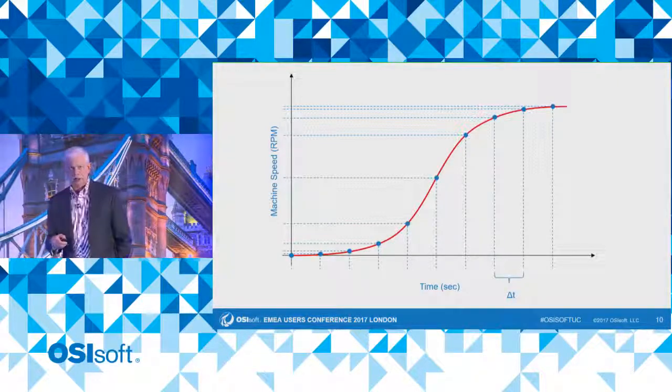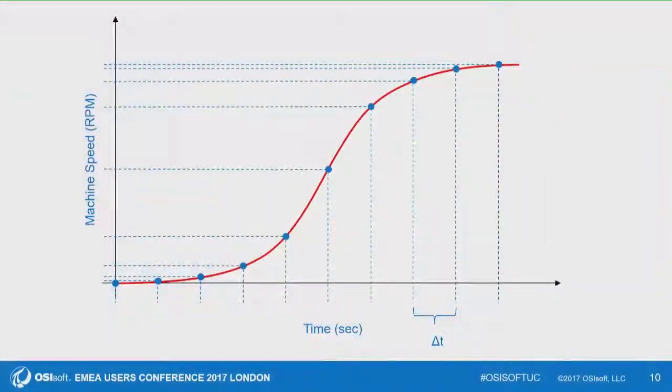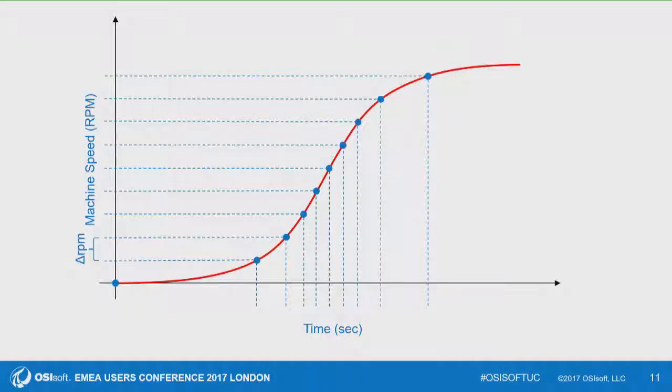What you're looking at on the red curve is a machine startup profile as the RPMs change. We can do what's called delta time, where we have evenly spaced samples in time, and we can send those to PI. We can do what's called delta RPM, where the data is unevenly spaced along the time axis, but evenly spaced along the RPM axis. And we can write that data into PI. That's called delta RPM data.